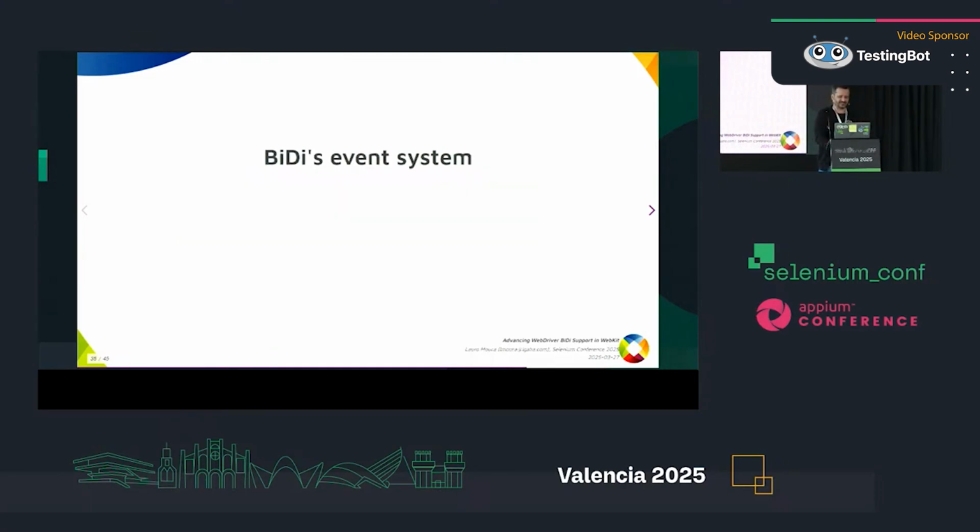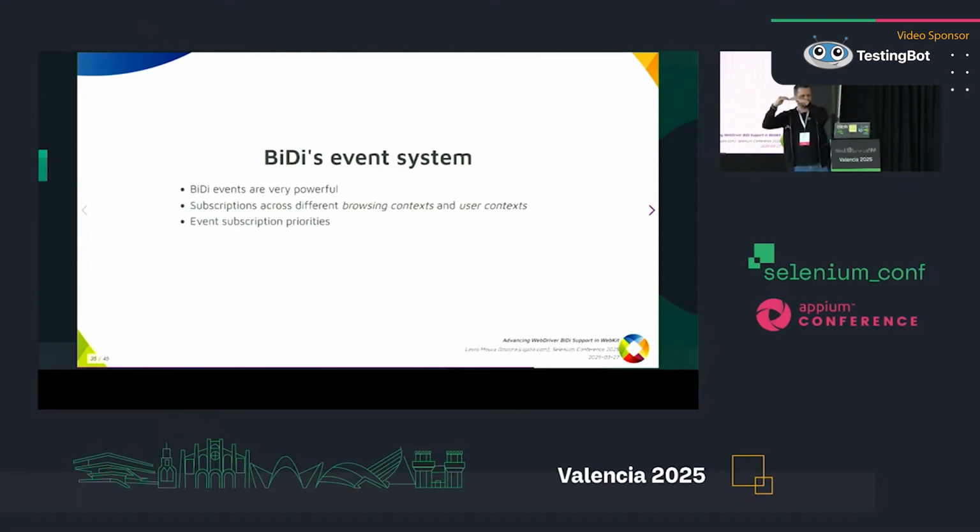Also, the BiDi event system is very powerful: you can subscribe to events on different browsing contexts, different user contexts. We can have different priorities for events. Let's say you ask to subscribe to 2 different events on a given browsing context. Then those events have some subscription steps that must be taken when subscribing and must follow some kind of priority.